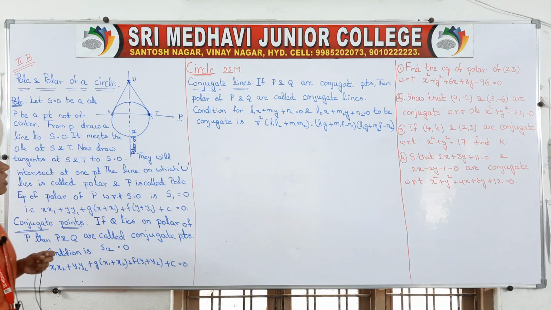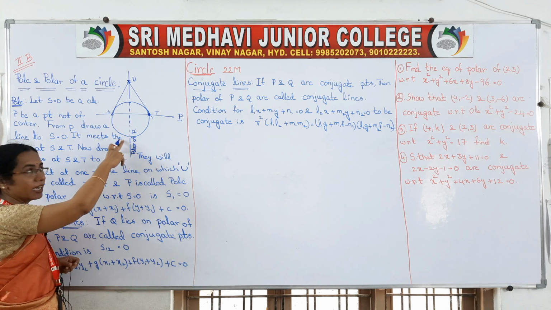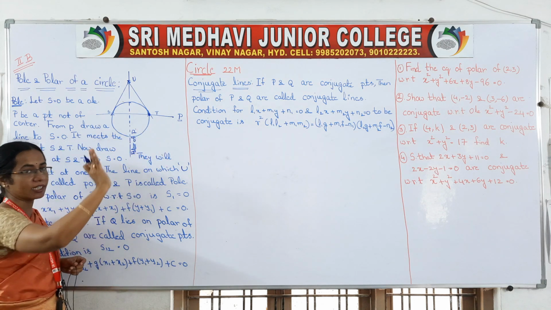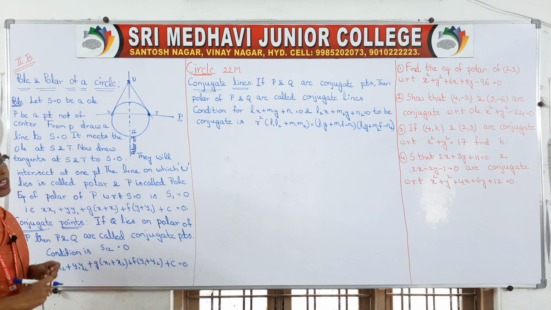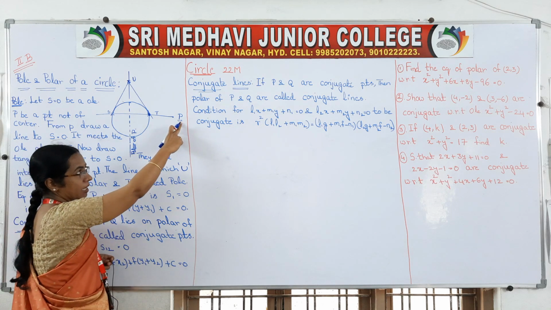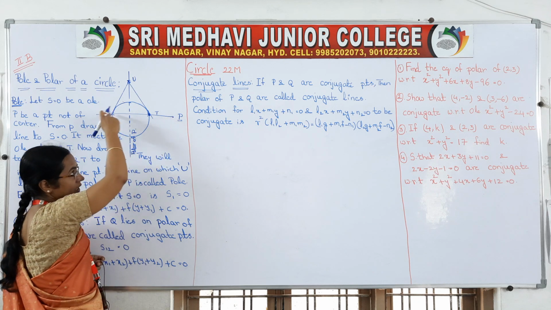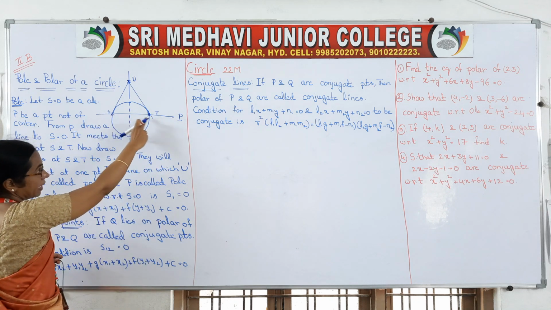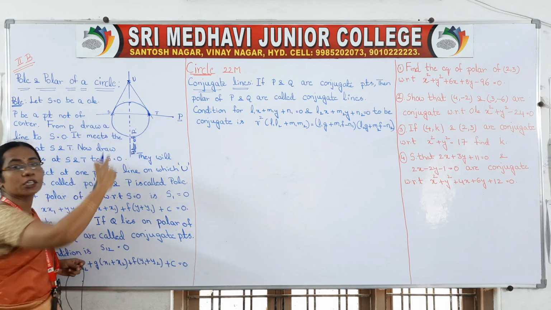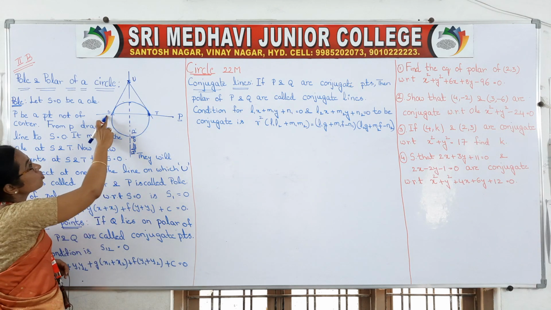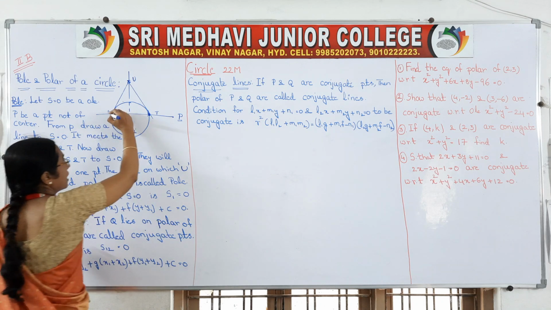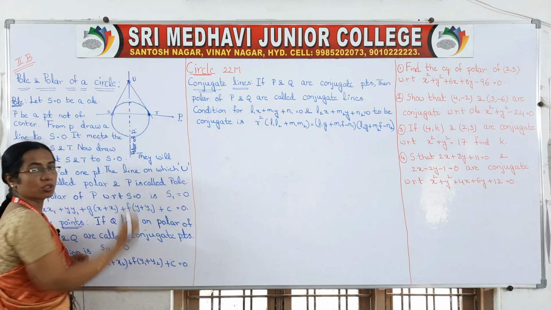Once again, one circle will be there, right? Let S be the circle. You take one point not the center. We can take any point not the center in the plane. From that point, you draw the line to the circle. Definitely, it will intersect the circle at 2 points, right? Those 2 points are S and T. At S, you draw one tangent to the circle.